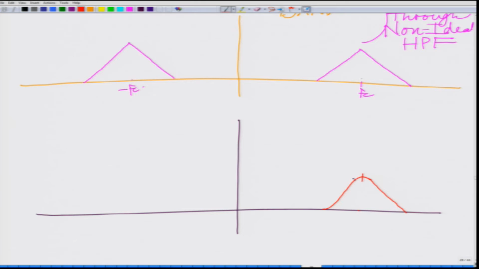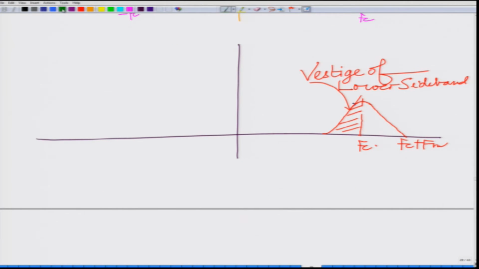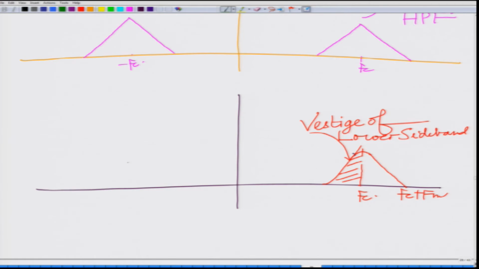It picks up a small, so this is your Fc, this is your Fm. What we have here is a small vestige of your lower sideband. Okay.